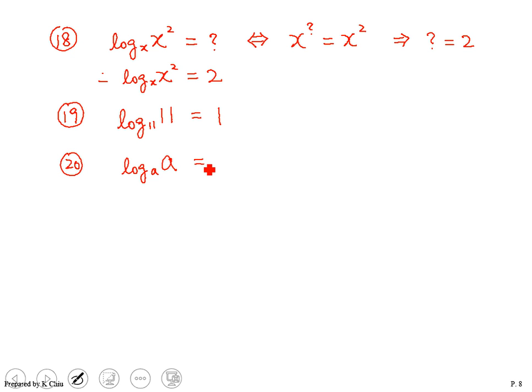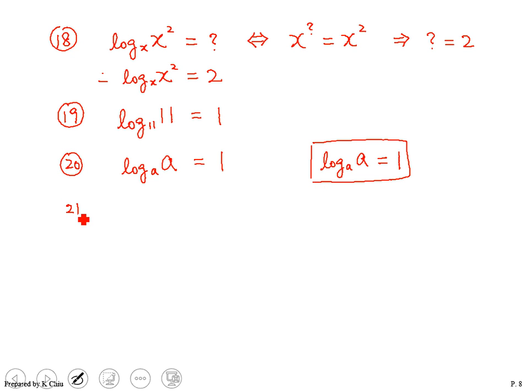I'm thinking of the base a, raised to what would be equal to a? 1. Now, indeed, we have something special here. When we have log a with the base a, that will always be 1. So when we log blah, blah, blah with the base blah, blah, blah, we got 1. We don't even need to worry about what the blah, blah, blah is.